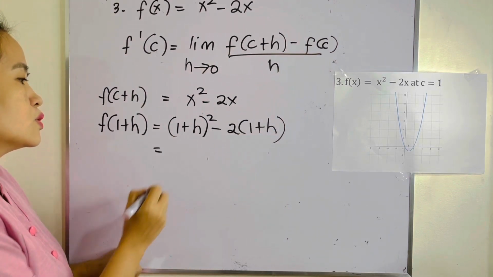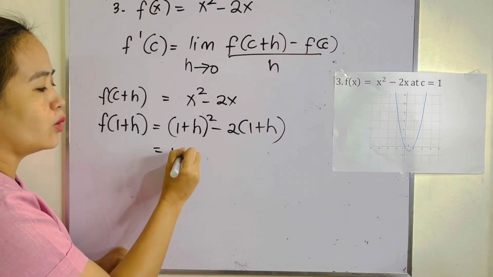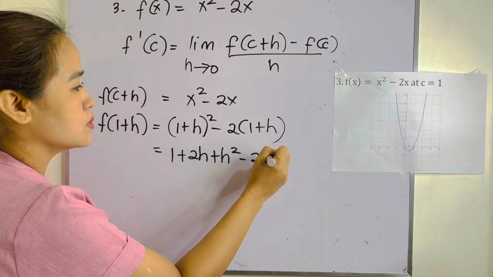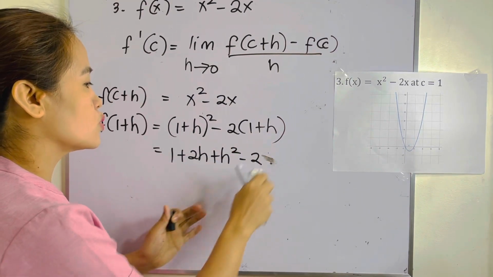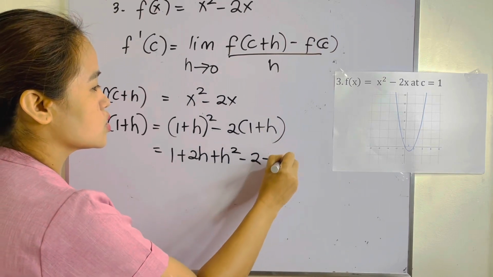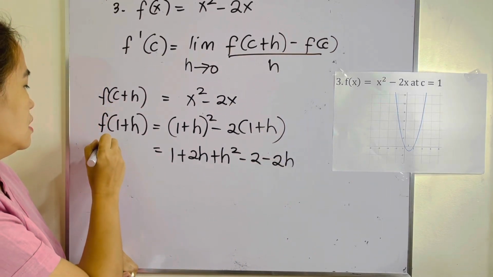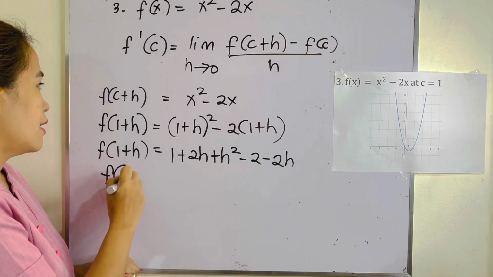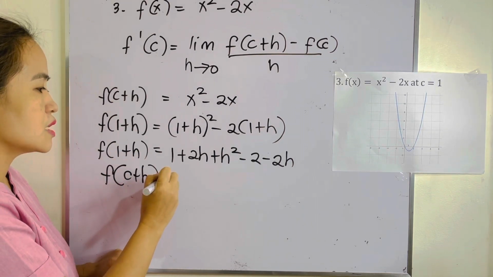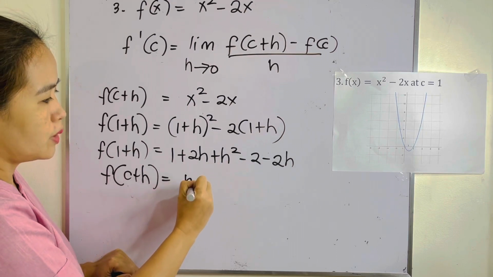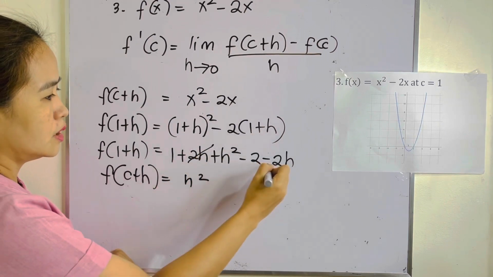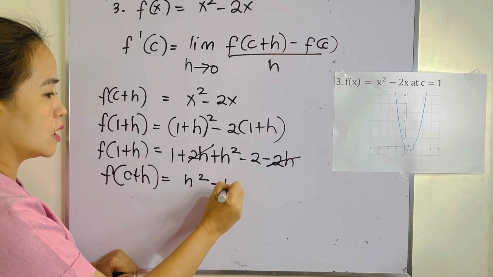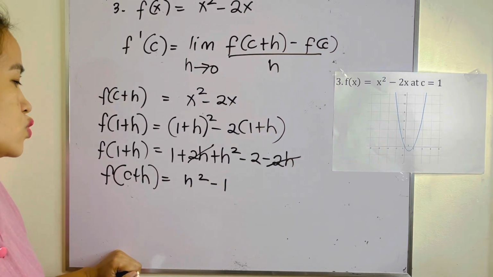This is equal to, by the square of a binomial, 1 plus 2h plus h squared, minus 2 minus 2h. Simplifying it, we have f of c plus h is equal to h squared. The 1 minus 2 is negative 1, and the 2h terms cancel to 0. So h squared minus 1.